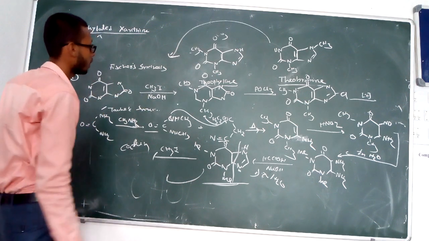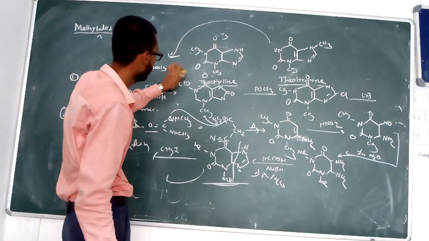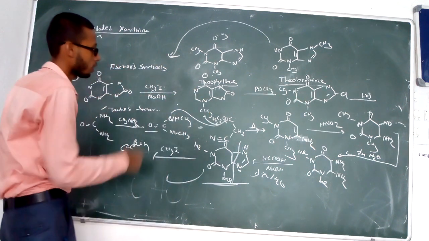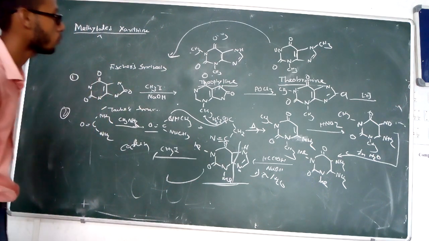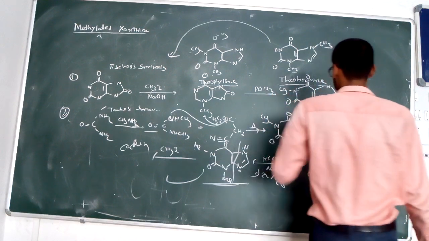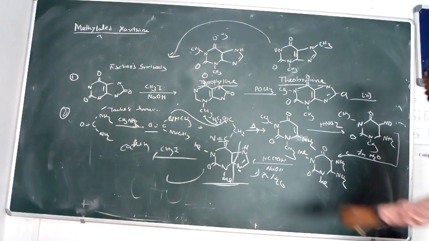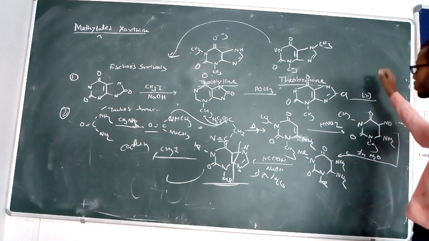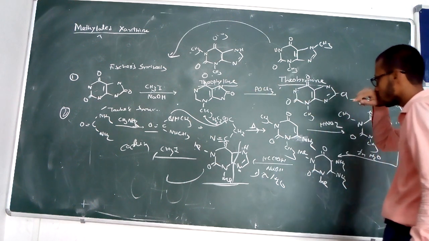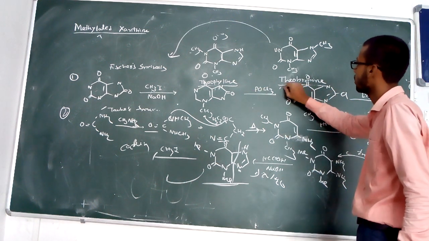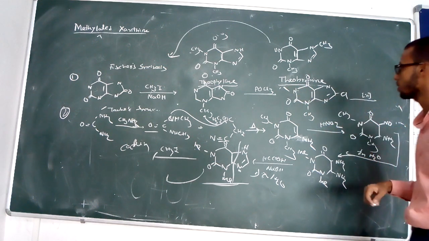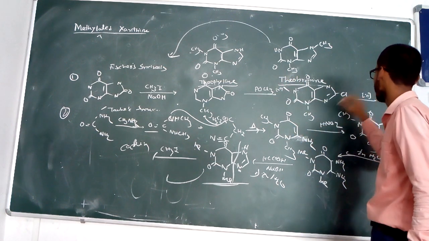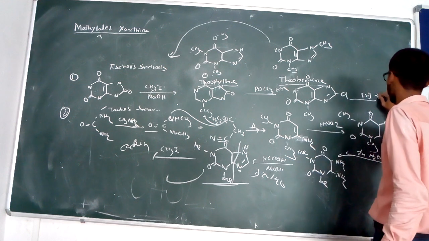A limited amount of methyl iodide is used, so that it will only act at the 3 position, so it will produce 3-methyl uric acid, and 3-methyl uric acid is subjected to chlorination with phosphoryl chloride, and it will produce 8-chloro 3-methyl uric acid. Next we again treat with methyl iodide, so that it will easily methylate at the 1 position by CH3, and further by reduction it will produce theobromine.